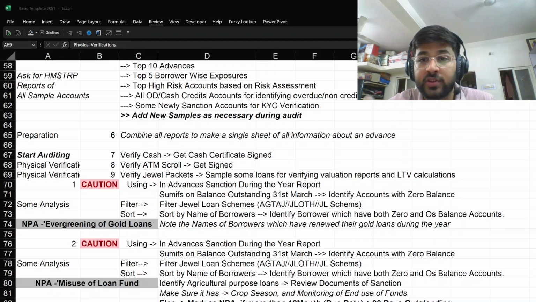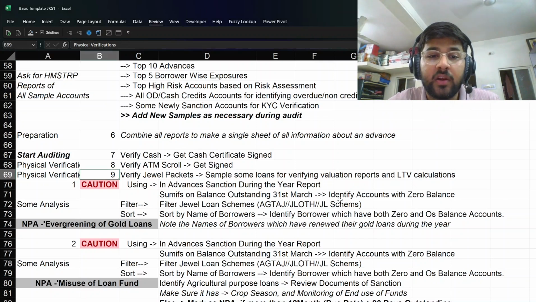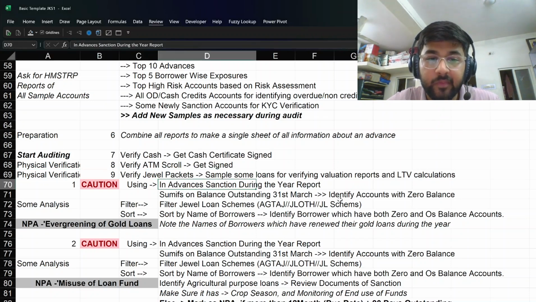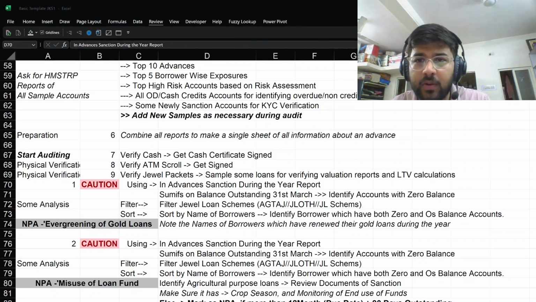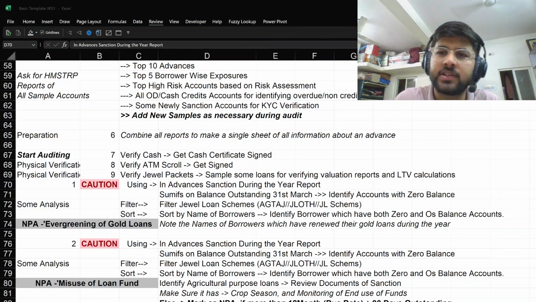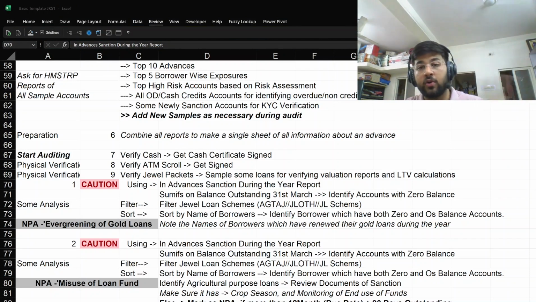First caution here is, when you get your jewel loan outstanding report, you put a SUMIF on the balance outstanding report as on 31st March. Not using the jewel loan report.